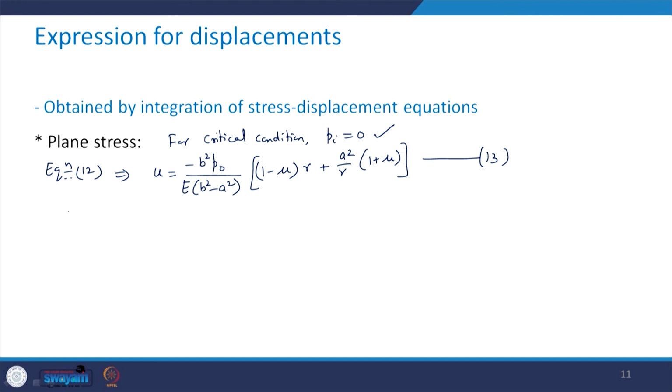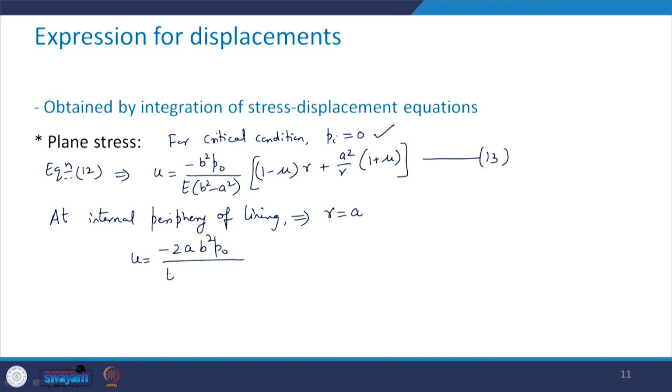And at the internal periphery of the lining, what does this mean? What will be the value of r? This will be equal to a. So, simply this u will become minus 2 a b square p naught divided by E times (b square minus a square).